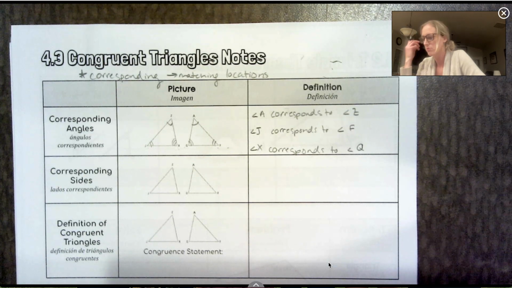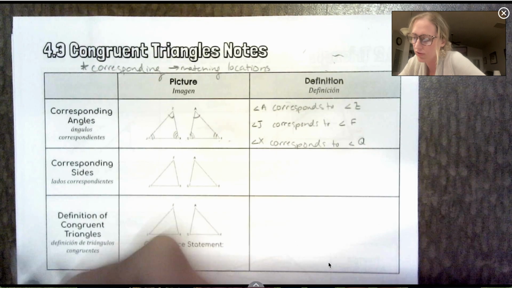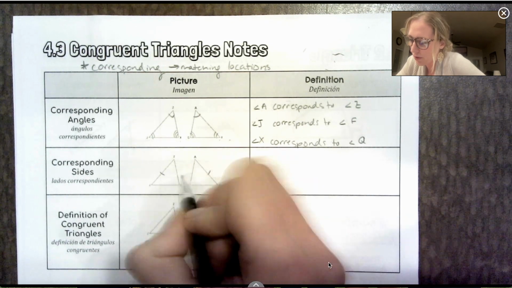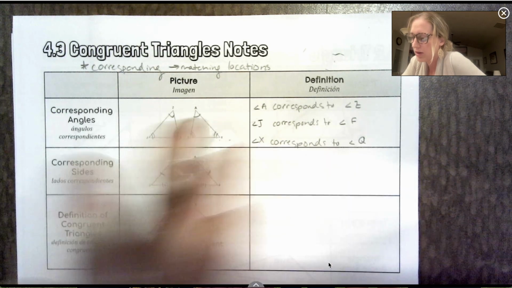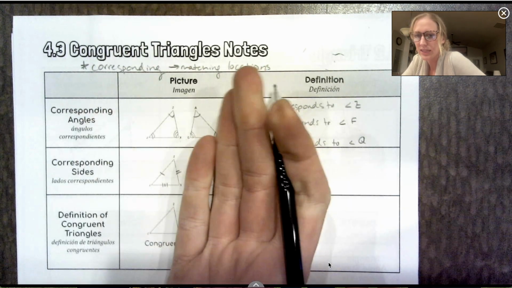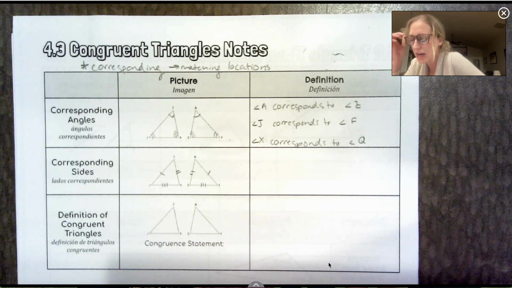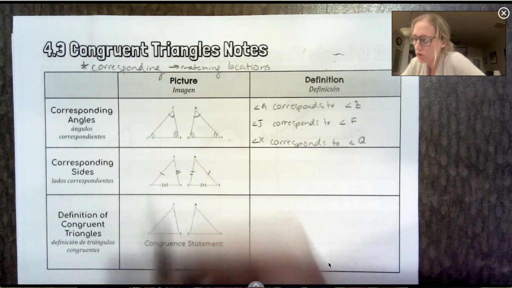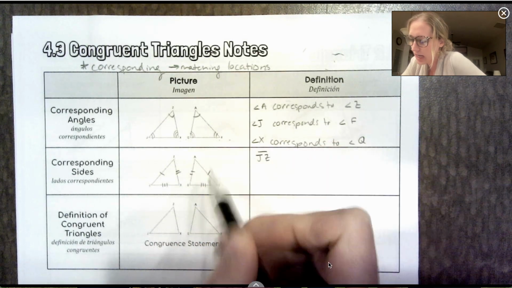Okay, well, we can do the same thing with sides, you guys. We can have corresponding sides. So again, this means like matching locations. So again, I'm just going to add some markings to help us out. So we're going to do these ones. If we think about flipping this triangle over and landing on this one, this side right here would correspond to this side. Now, it is important that I line up the letters. So if I name this side JZ, I don't want to name it AF.